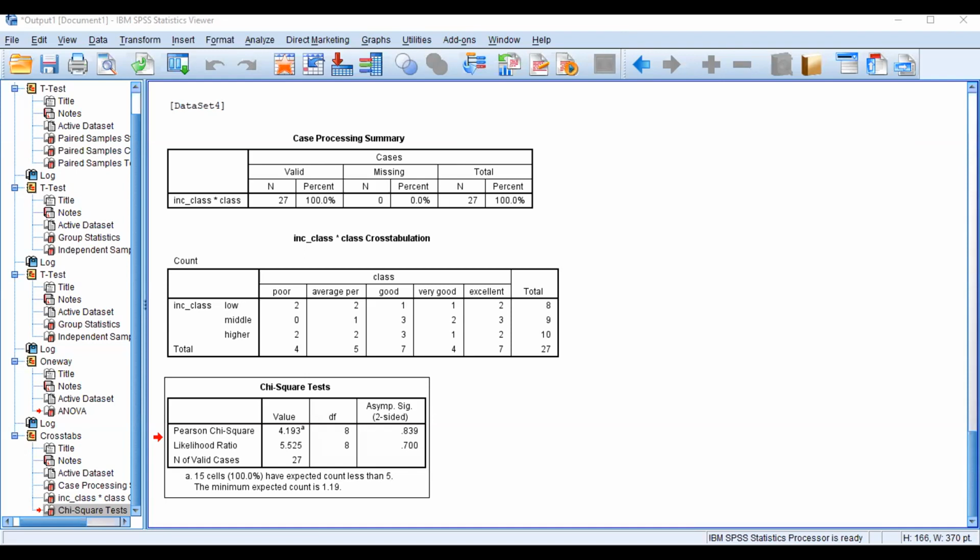So this is my data set. I want to check, this is a medical term, whether they both are interrelated or not.